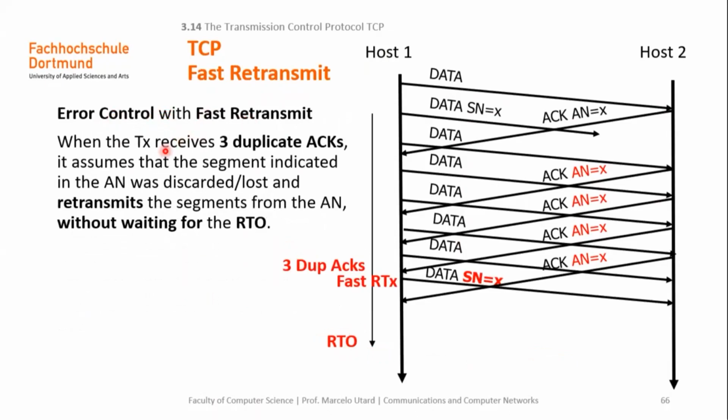When the transmitter receives 3 duplicate acknowledgements, it assumes that the segment indicated in the acknowledgement number was discarded or lost, and retransmits immediately the segment starting at this sequence number without waiting for the retransmission timeout. And in this way, we accelerate the retransmission with this fast retransmit algorithm.